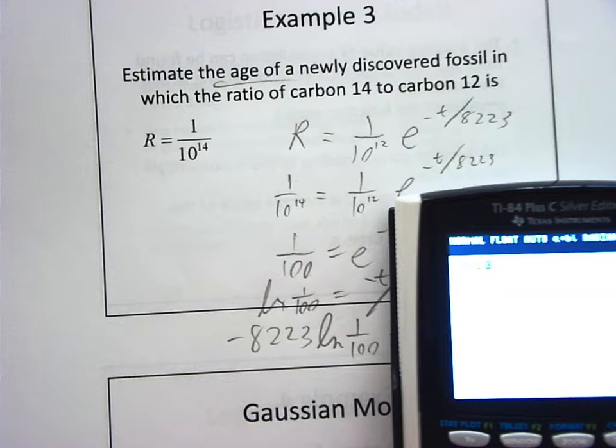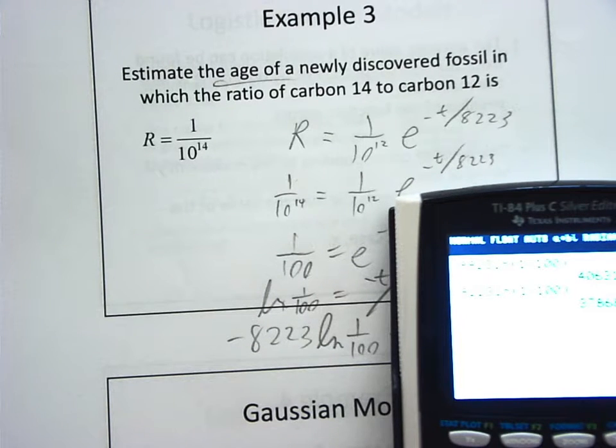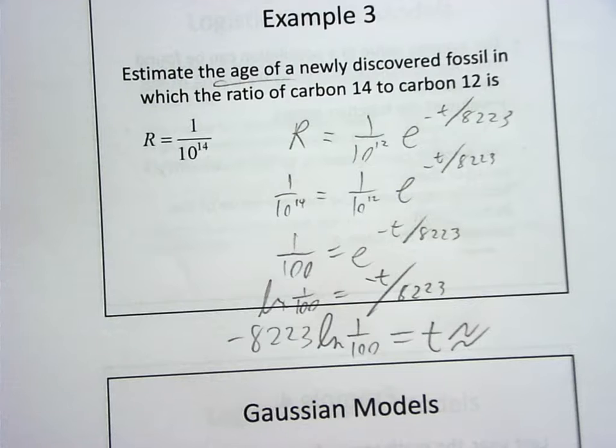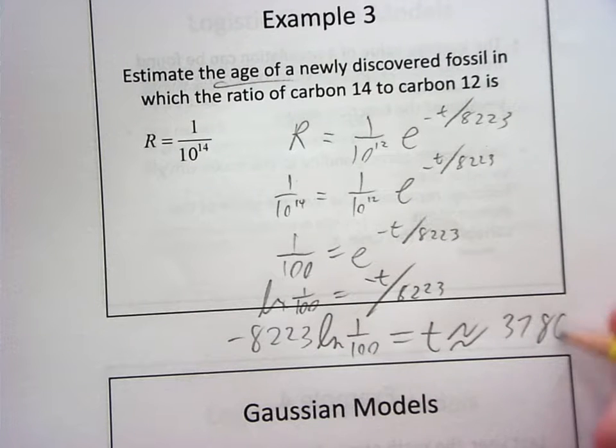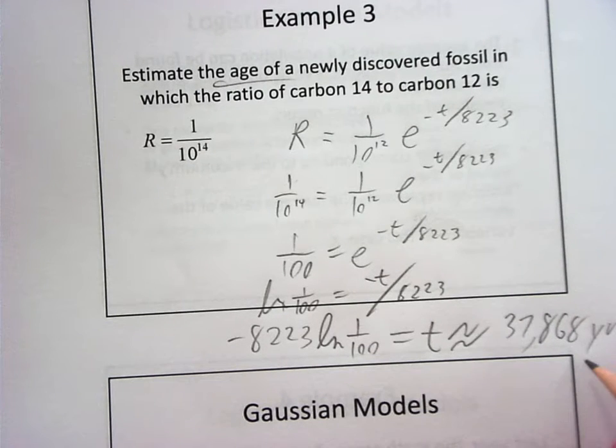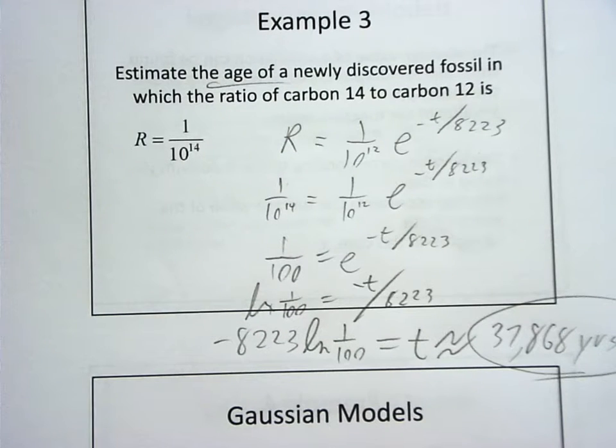This number should be bigger than that. Oops, and then I typed the wrong number in. 37,000. Oh, I'm sorry. I was looking at a different problem in my notes. Anyway, 37,000 what? 27,868. Years, yep. Sorry, I was looking at the wrong page and I didn't realize it.